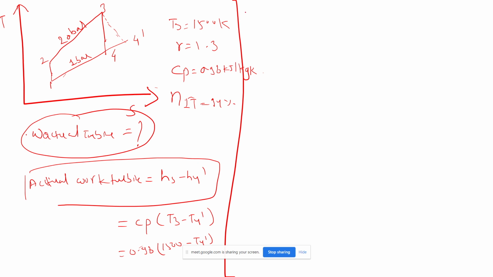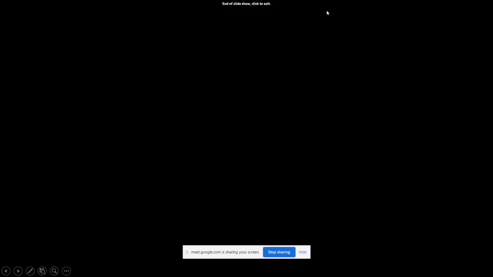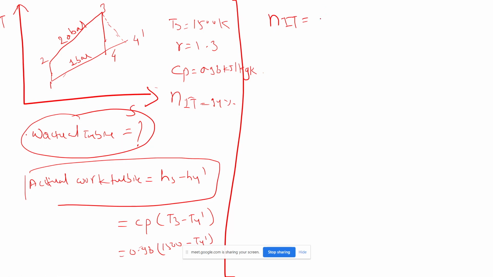For finding T4 dash, what do we have to do first? The isentropic efficiency of the turbine is given. The isentropic efficiency of the turbine, which we determined previously, is H3 minus H4 dash divided by H3 minus H4. This can be further written as Cp into T3 minus T4 dash upon Cp into T3 minus T4.